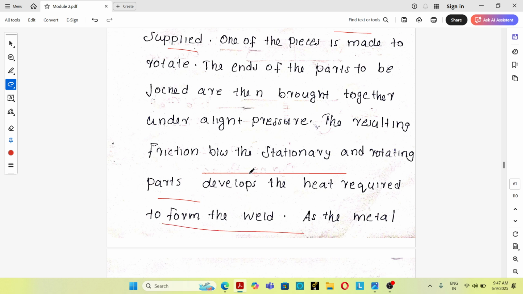Initially, the ends of the two pieces are brought together. Due to friction, the temperature of the ends of the pieces increases. When it reaches the plastic stage, a high pressure is applied on the moving part and a metal to metal joint is created.